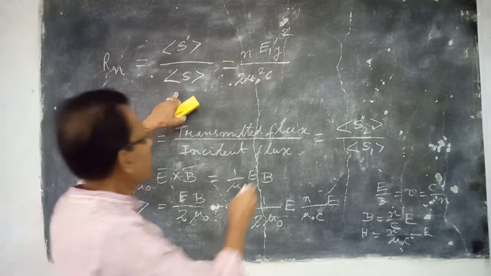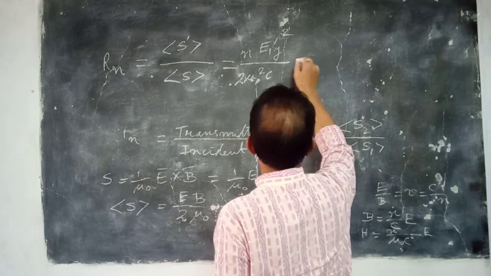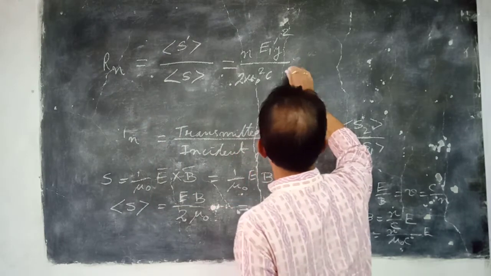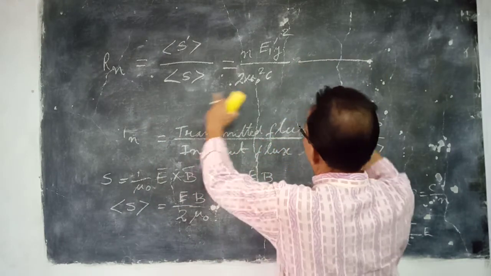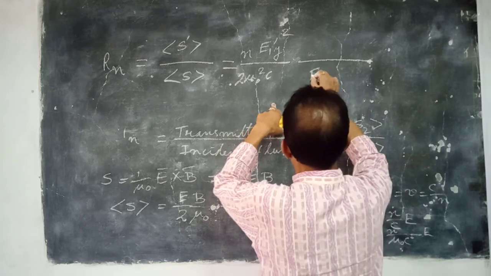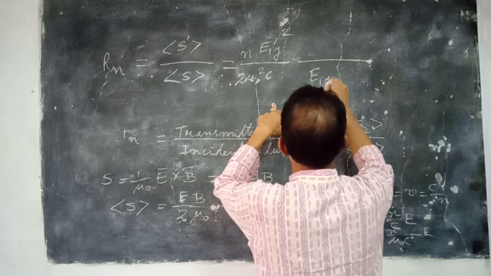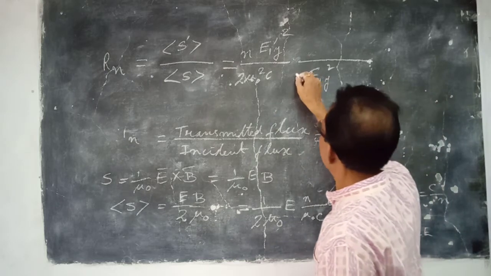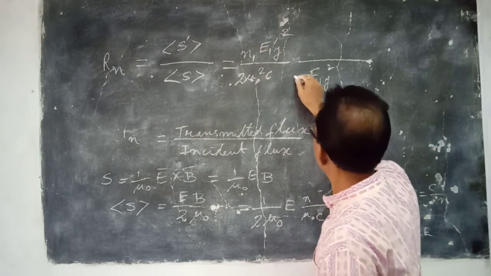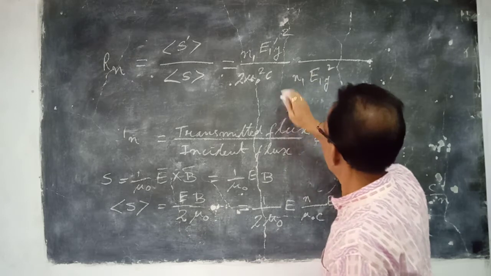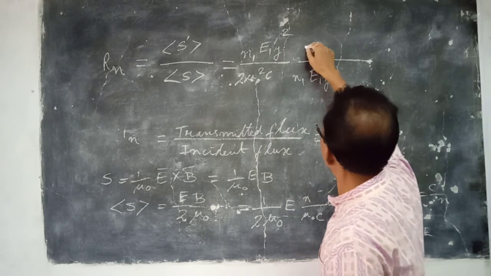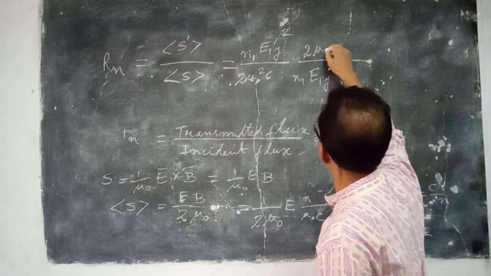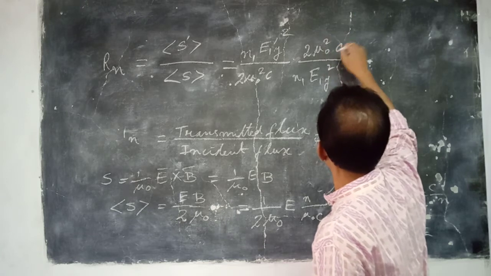Similarly for S, you get E1y square, here you get n1, and this quantity twice mu 0 square c.